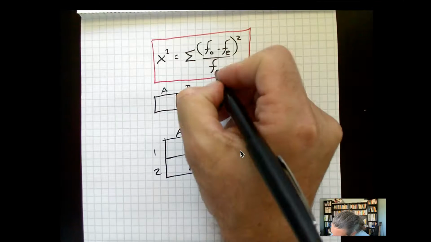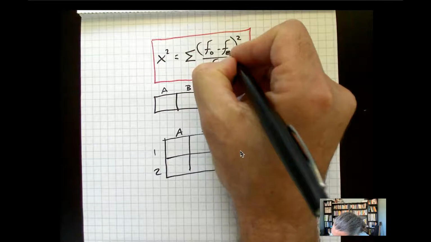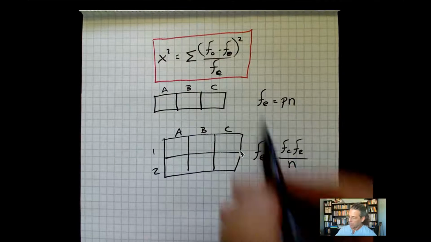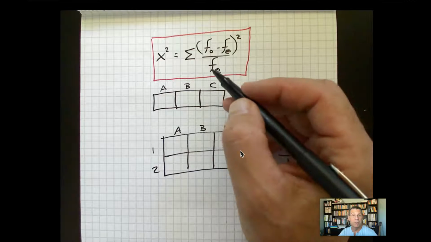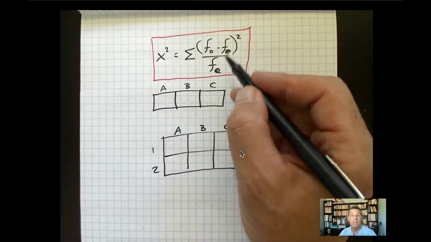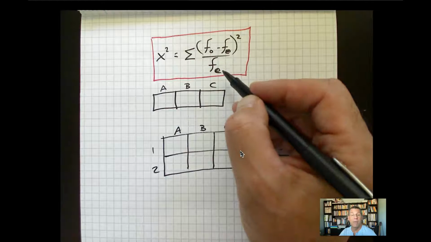So you've got frequency expected, right? What you need for this formula is a frequency observed for a cell, and a frequency expected for the cell. You subtract those, get the difference, square that difference, and divide it by the same frequency expected.